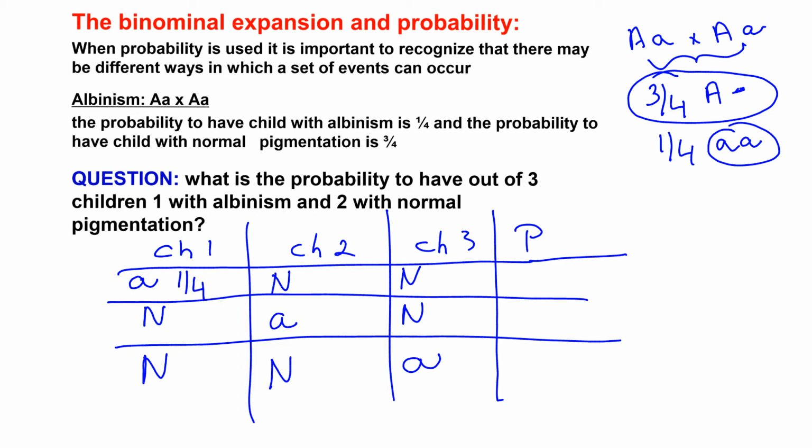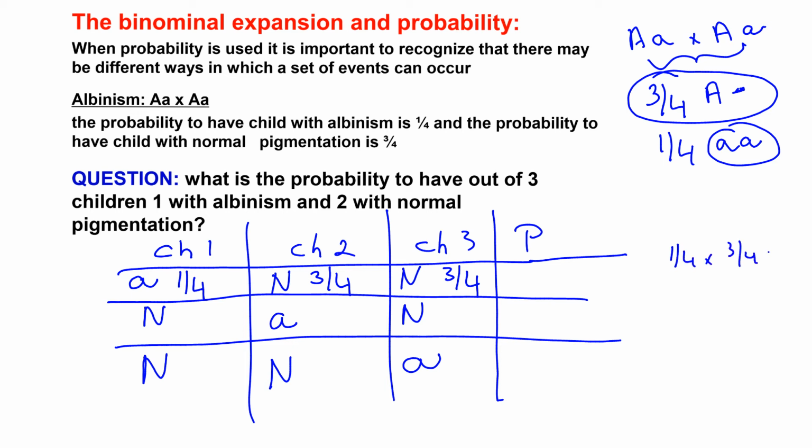The first child is albino, the second is normal, and the third is normal. You apply the rule of multiplication, 1/4 by 3/4 by 3/4, which is 9/64.